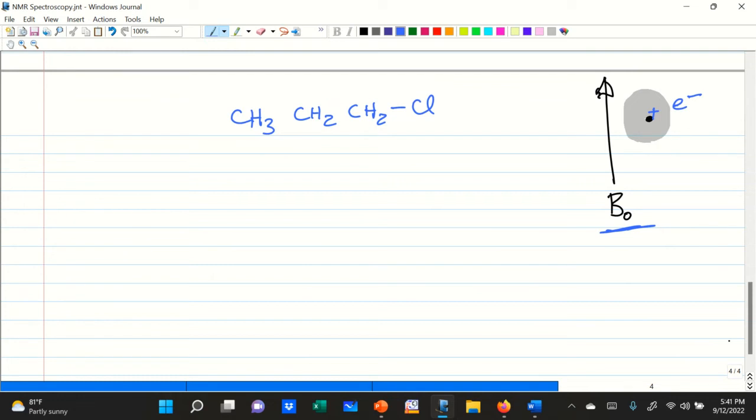So the nucleus is feeling less than the applied magnetic field strength, which means the nucleus is actually shielded from the external field by this electron cloud. So all nuclei are actually shielded.